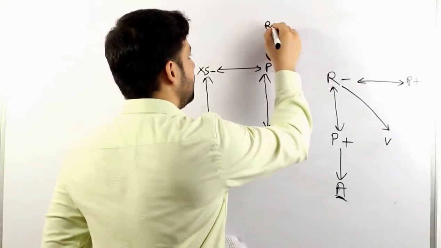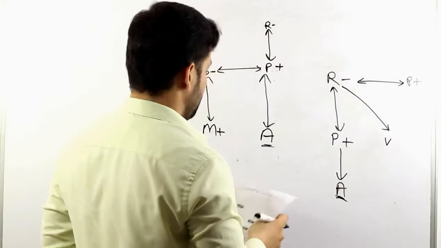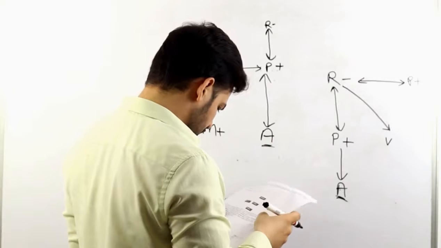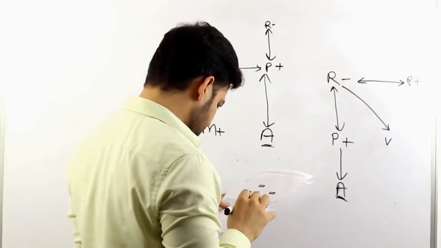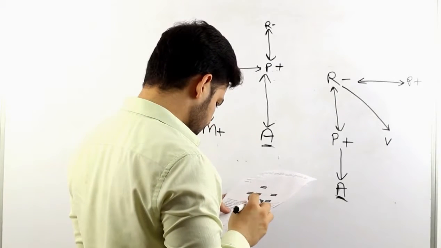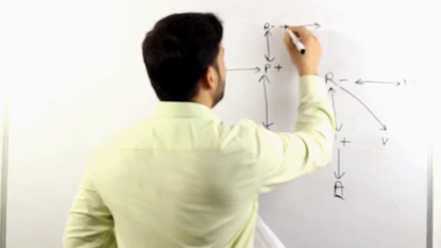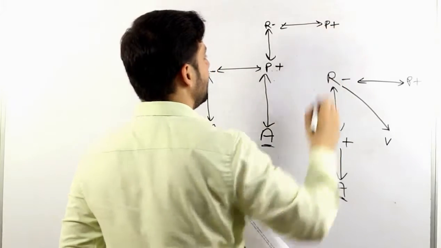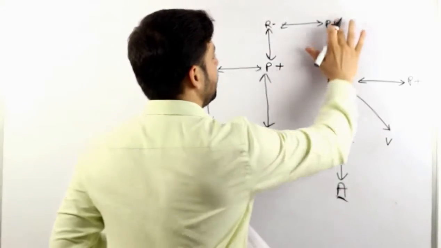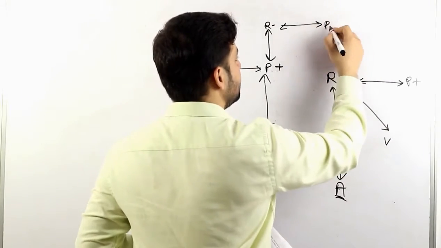Reva is the mother of Prakash. Then who's the husband? Prakash is the son of Reva, and Reva is the wife of Pranab. And there is Mr. Pranab, the husband. We got two P's.